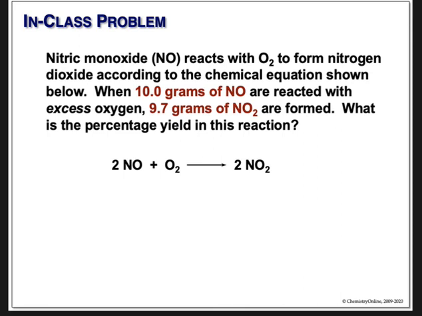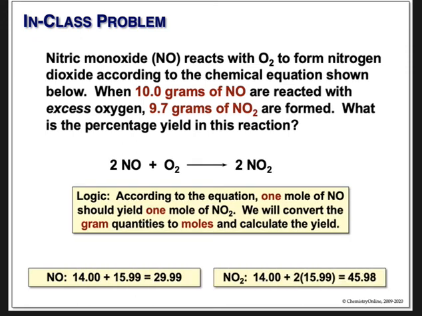I think the simplest way to do this is to simply convert these into moles and take our ratio. So, for our NO, our molar mass is 30. We got 10 grams, and this is 30.